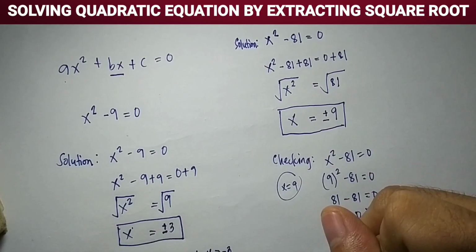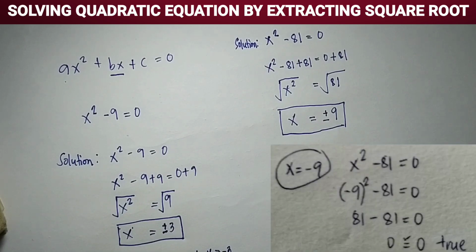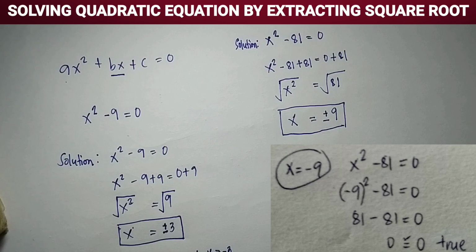Karon atong tan-awon kung check ba ang atong solution nga negative 9. So we have x squared minus 81 is equal to 0. Our x is negative 9. So pulihan natong x og negative 9. Negative 9 squared minus 81 is equal to 0. Ang negative 9 i-multiply nato sa iyang kaugalingon og kaduha. So negative 9 times negative 9, that is positive 81. Minus 81 is equal to 0.